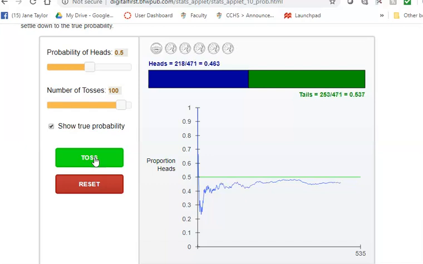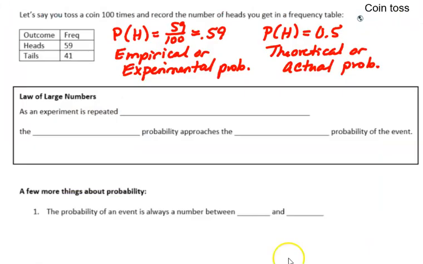You can see that my variability is not as much as it used to be. So I would imagine that if I kept using this app and tossed it another couple thousand times, it's probably going to get pretty close to 50% heads and 50% tails, because it's just a totally random thing. But that's the idea: the empirical or experimental probability will not necessarily exactly match the actual or theoretical probability, but in the long run it should get pretty close.